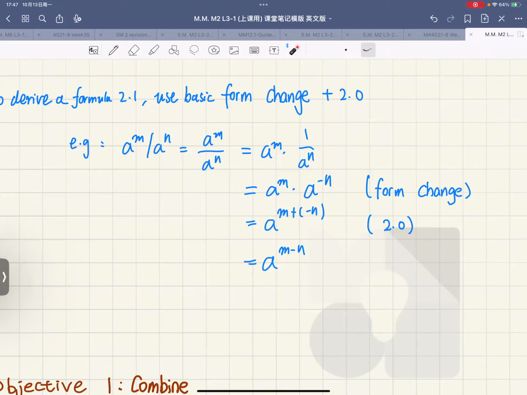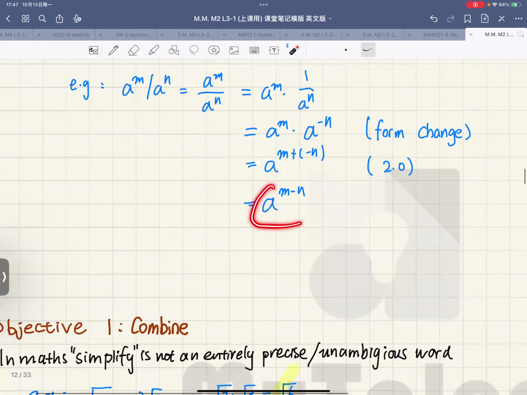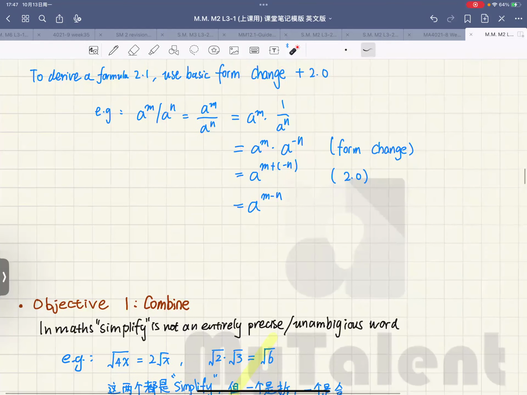That's the formula we just learned. So it is equal to a to the power of m plus negative n, which is equal to a to the power of m minus n. That's how we derive the formula. You don't need to worry about how to derive it. It's just to show you where this formula comes from.